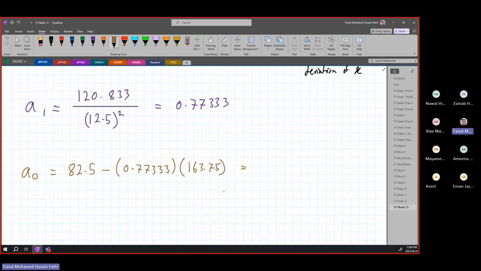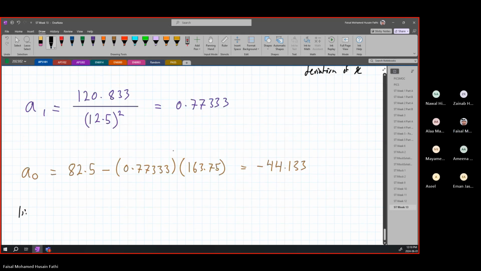So a0 is simply, we just put all of this in the calculator. 82.5 minus 0.77333 times 163.75 gives minus 44.133.